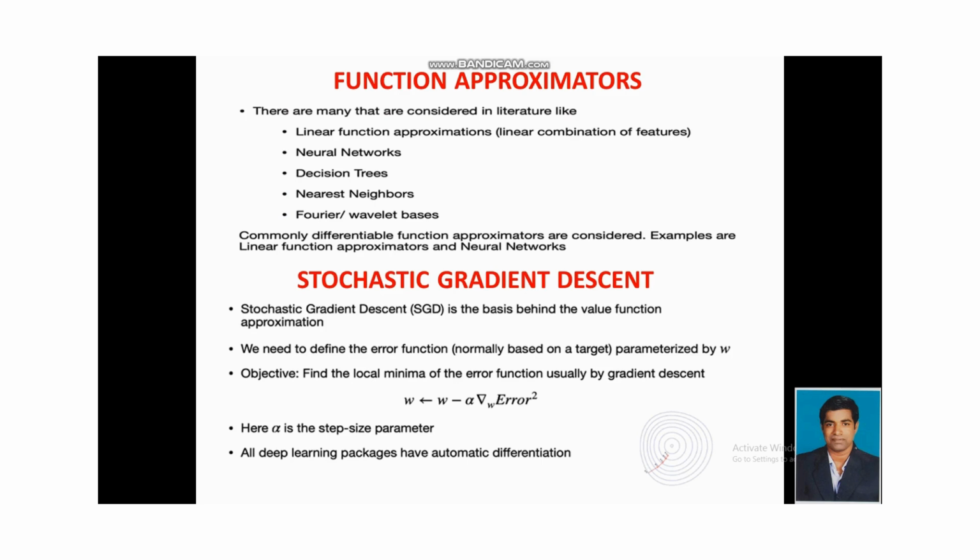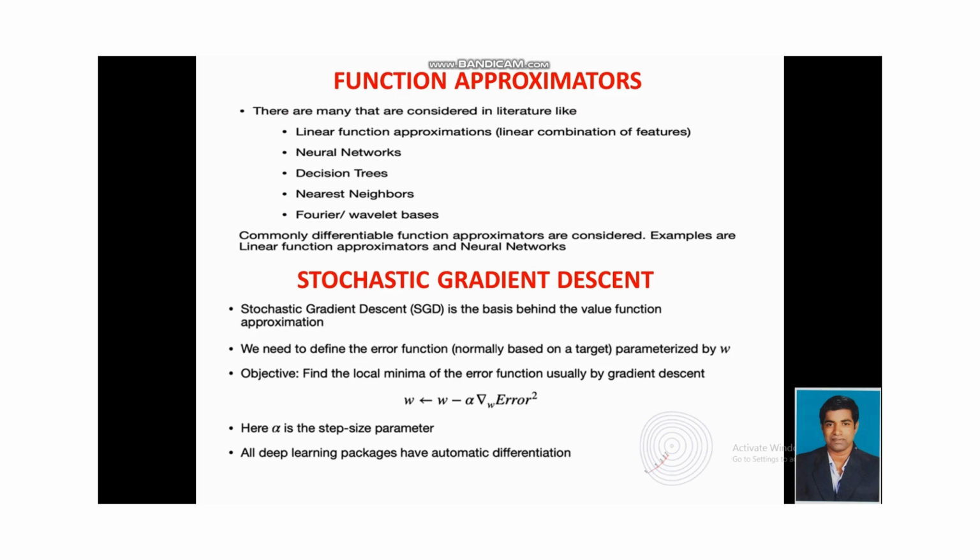Stochastic gradient descent, SGD, is the basis behind value function approximation. We need to define an error function parameterized by w. The objective is to find the local minimum of the error function, usually by gradient descent. The weight w is updated as the previous weight minus alpha times the gradient of the squared error. Here alpha is the step size parameter or learning rate.